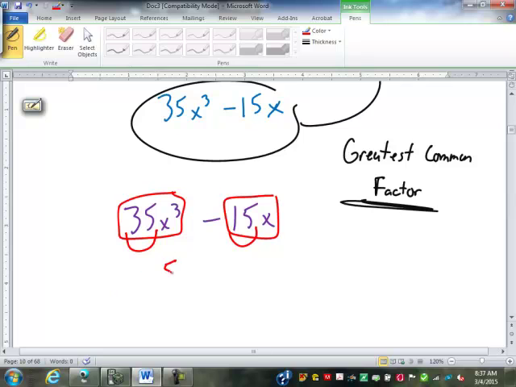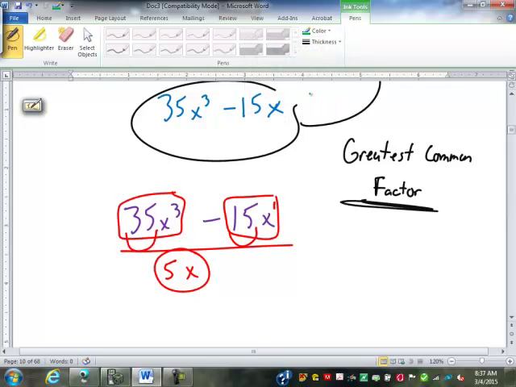Very good. For the variable, the greatest common factor is the smallest power of the variable. We have x to the third, and we have x. We don't think of it as x to the 1. Which one's smaller? The 1. So that's just x. So it's 5x. 5x is considered to be the greatest common factor.